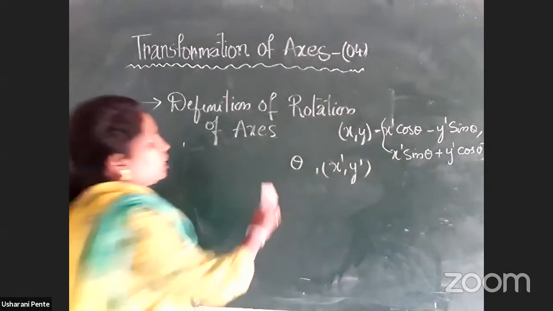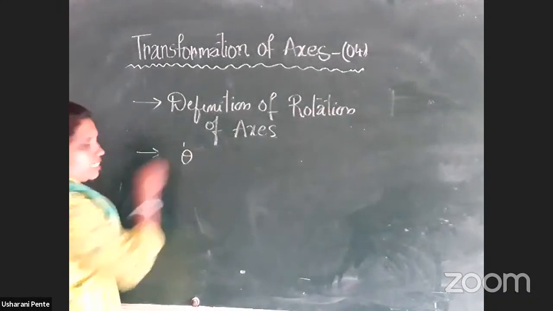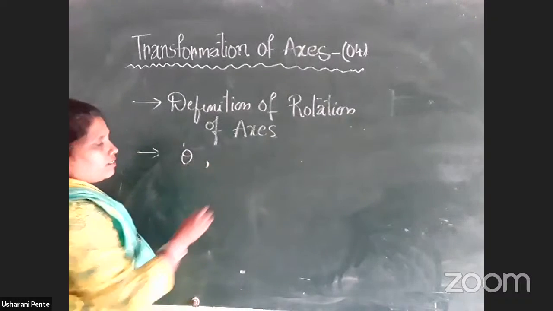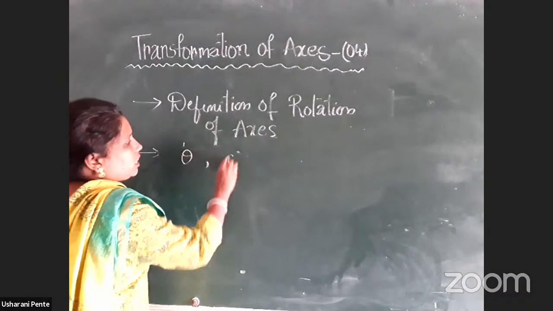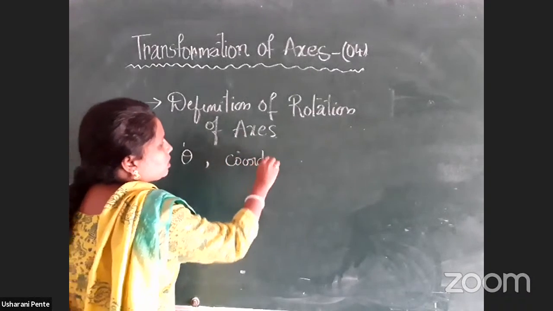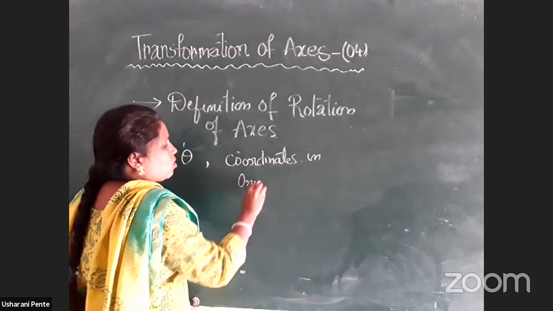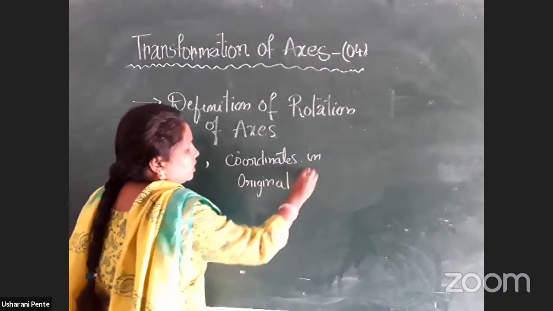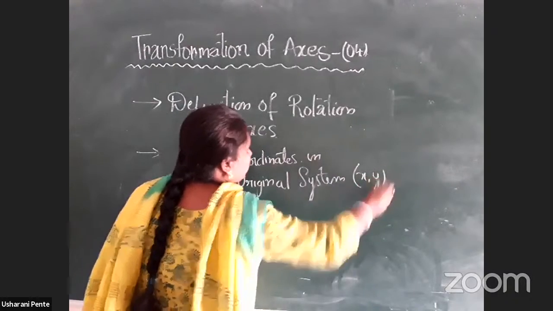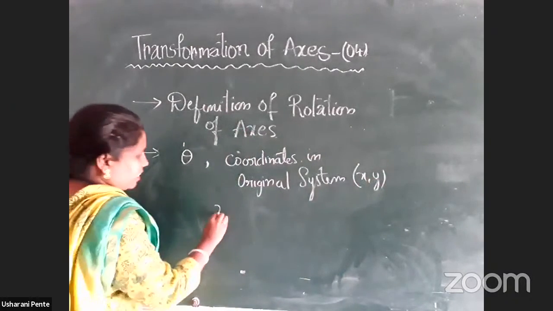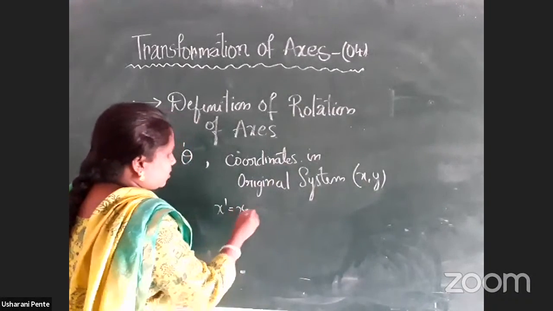In the similar way, if they specify the theta value and the coordinates in the original system, that is x, y, then how to find x dash and y dash?